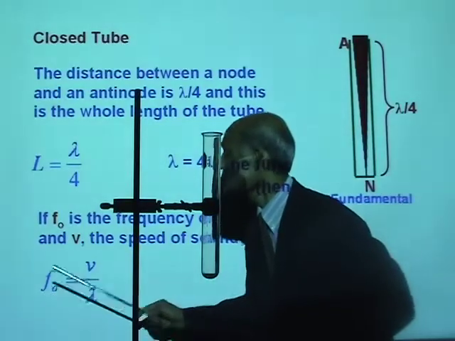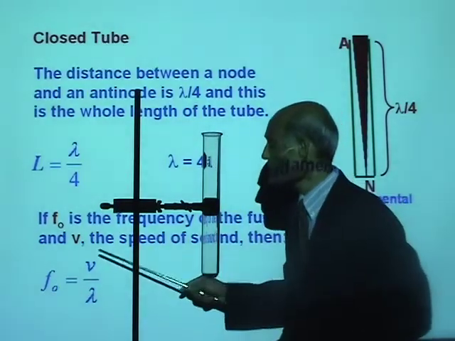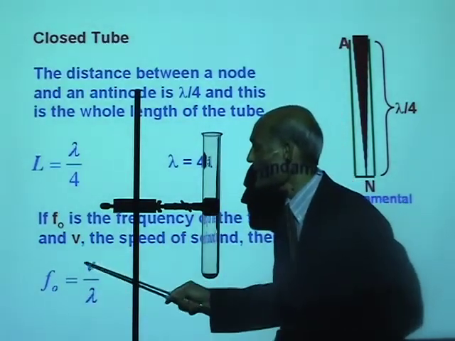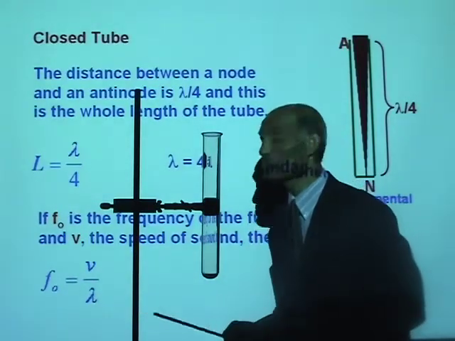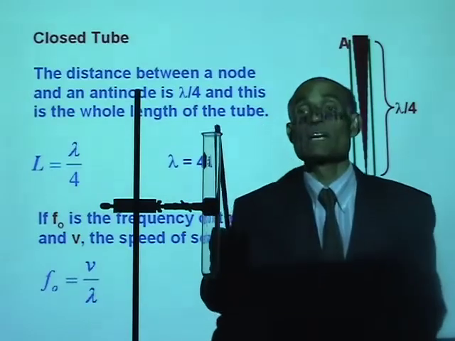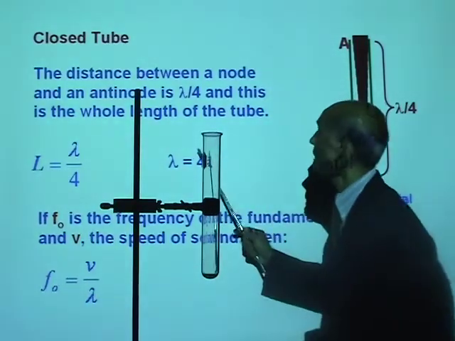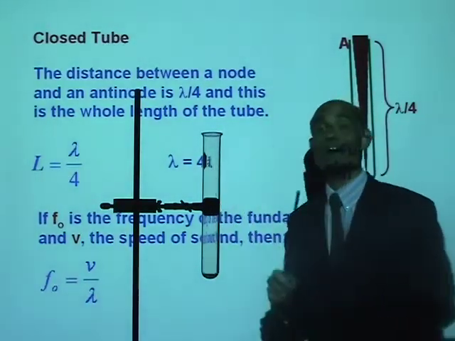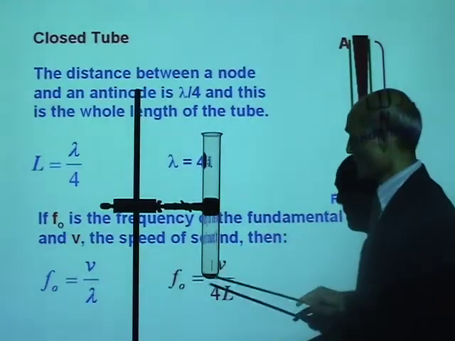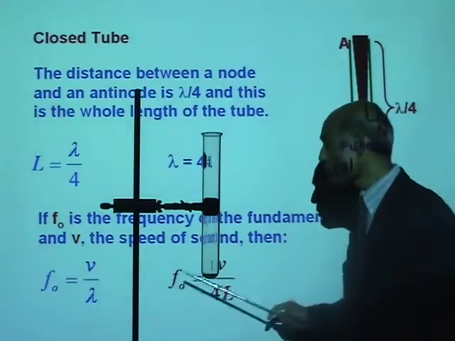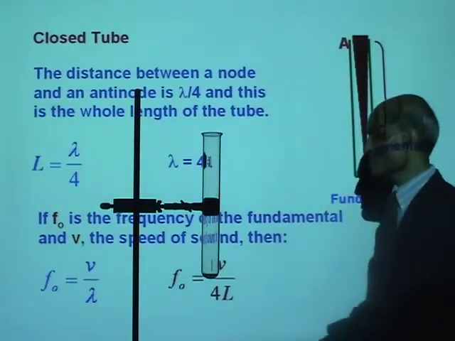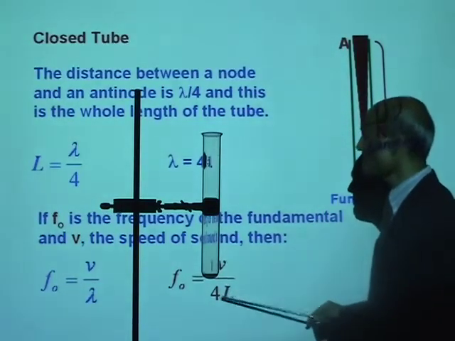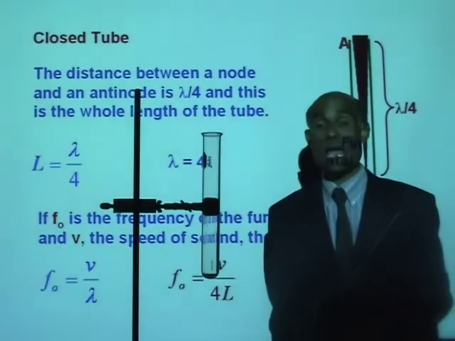So F0, the fundamental frequency, will be V over lambda. V is the speed of sound in air, and lambda is the wavelength of the air inside the tube, and that wavelength is 4 times the length of the tube. Therefore, the frequency of the fundamental mode of vibration in a closed tube, F0 equals V over 4L.